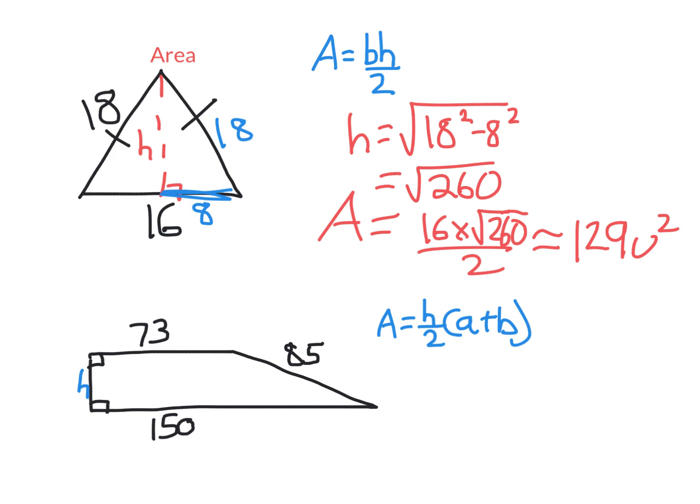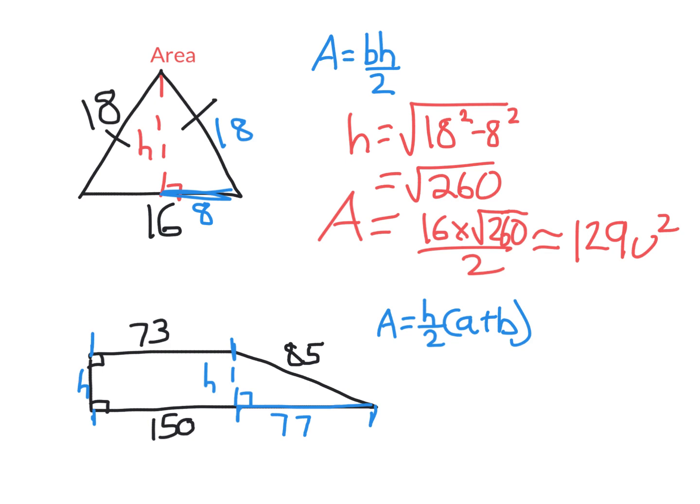So we need to draw a right-angled triangle somewhere. You see, if it's 73 from here to here and 150 from here all the way there, this length here must be 150 minus 73, which is 77. So I can draw a right-angled triangle here to find H, because this distance here will be the same as the distance there, because these two lines are parallel.